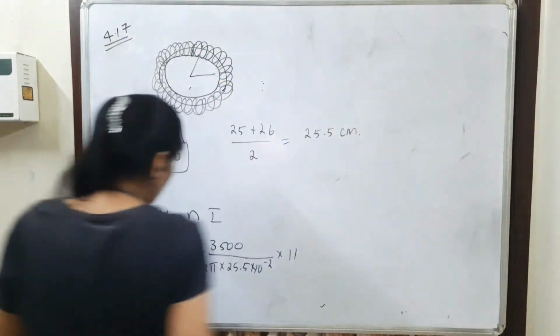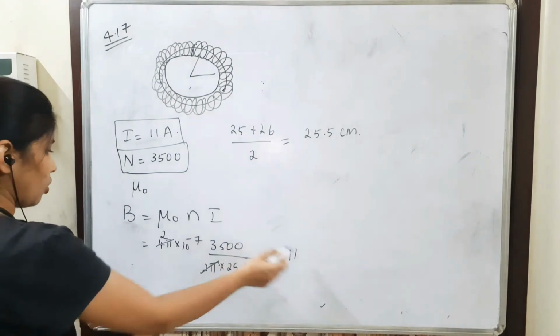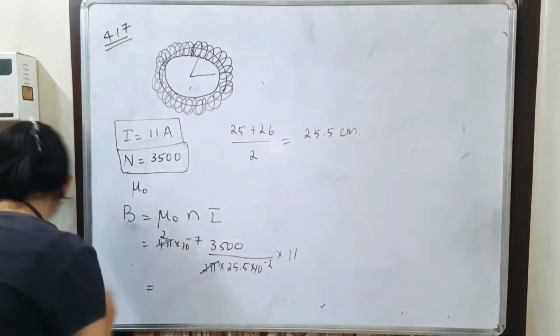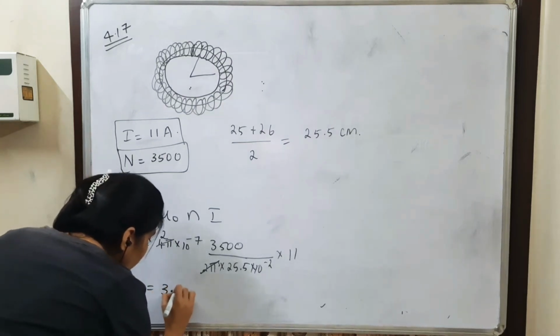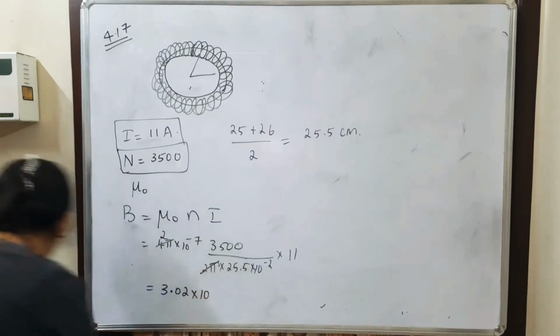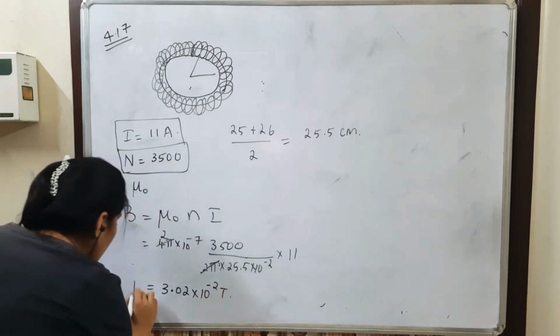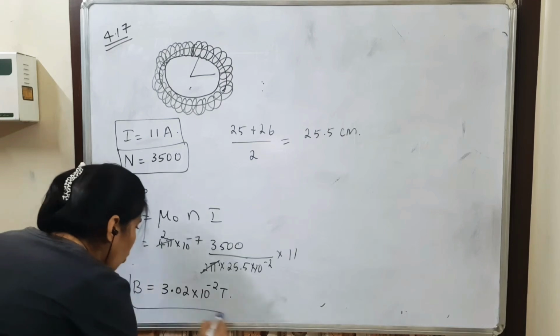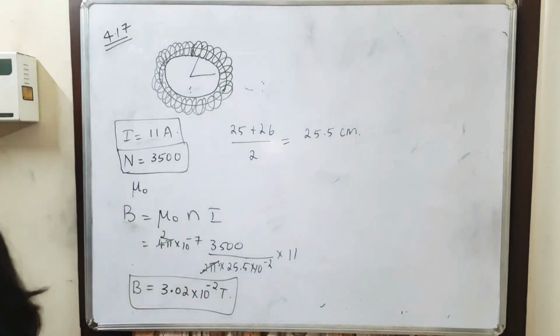Once you cancel this all, I'm not going to do the calculation, the final answer is 3.02 × 10^-2 Tesla. So this is the magnetic field inside the core of the toroid, and inside and outside the toroid it's going to be equal to 0. That's all.